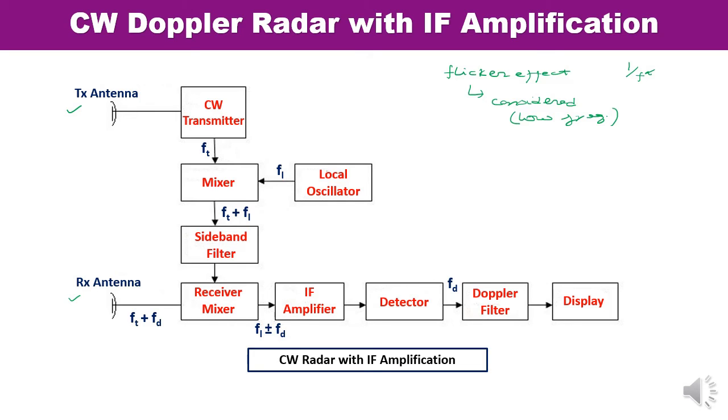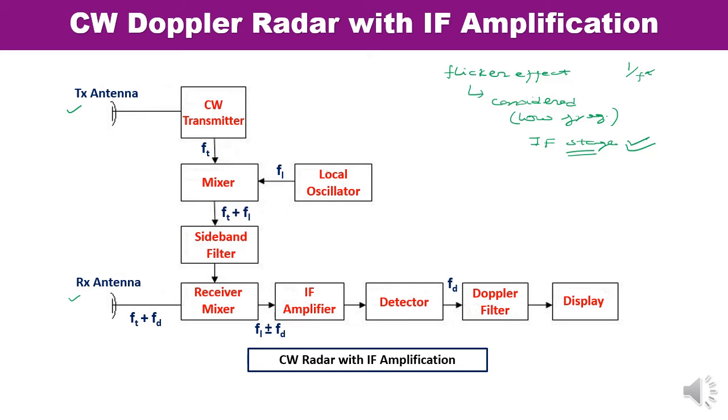That is why we cannot ignore this kind of noise. To eliminate this noise in a superheterodyne receiver, the IF stage, the intermediate frequency stage, must be used. So this is the function for which it is required in continuous wave radar.